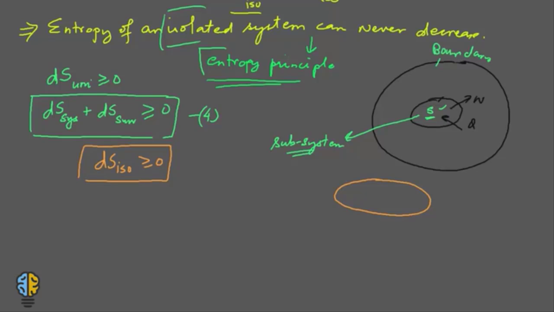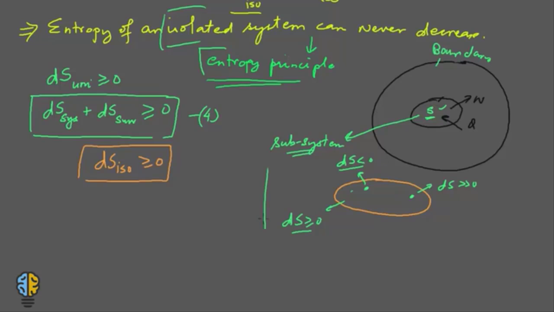Let us say at this point, within the system, the entropy decreases due to some irreversibility which you can't control. Now if this happens at some place within the system, the entropy should increase elsewhere, so that the net effect for the complete system stays positive.